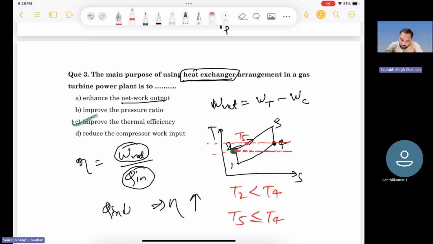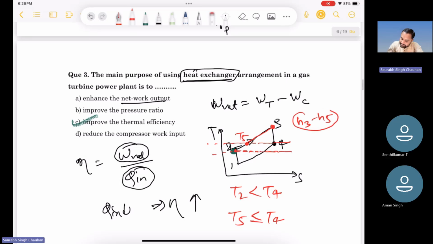So the amount of heat that you will be providing in the case of a heat exchanger will be H3 minus H5. And earlier, without the heat exchanger, it was H3 minus H2.